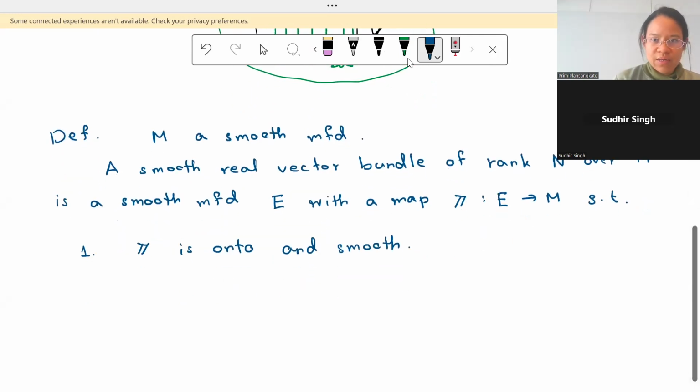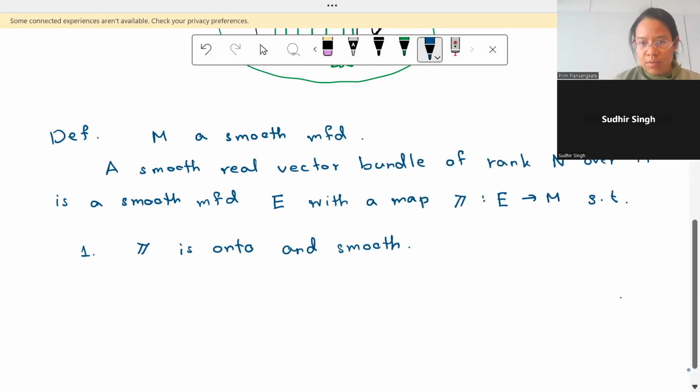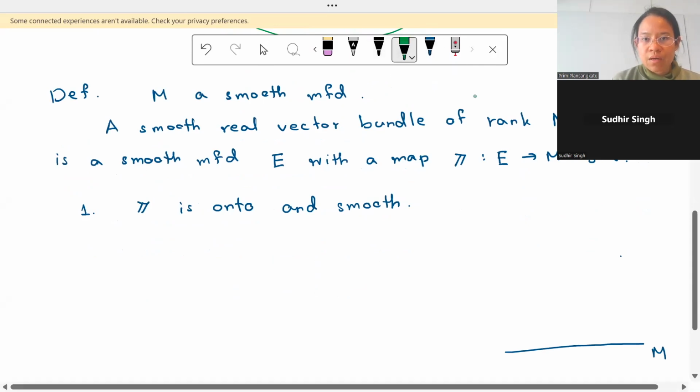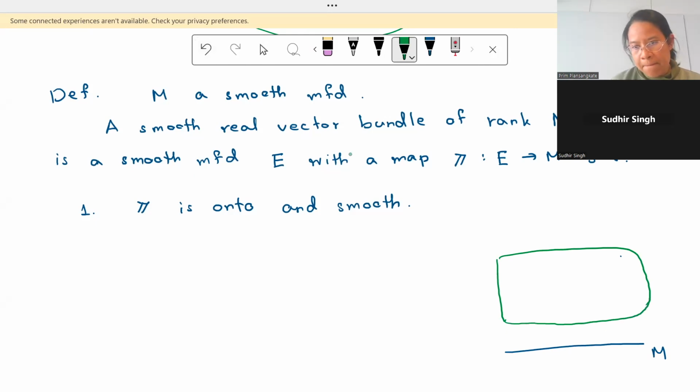Let me draw a picture. Suppose this is the base manifold, and you have a total space E, which is another manifold, and you have a map pi, which is onto and smooth.